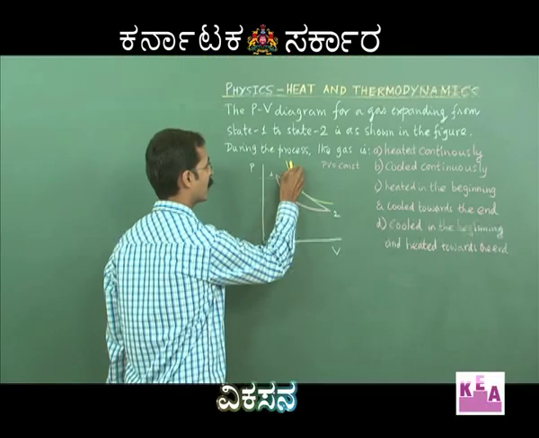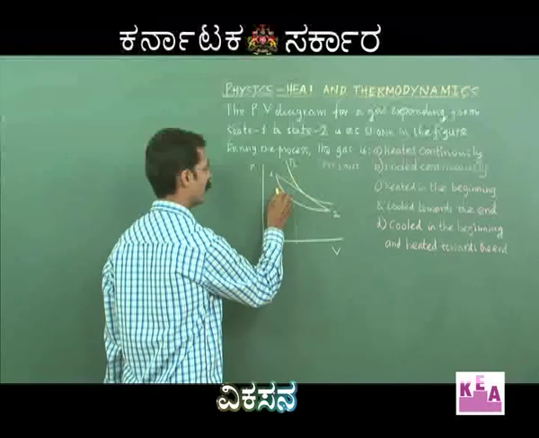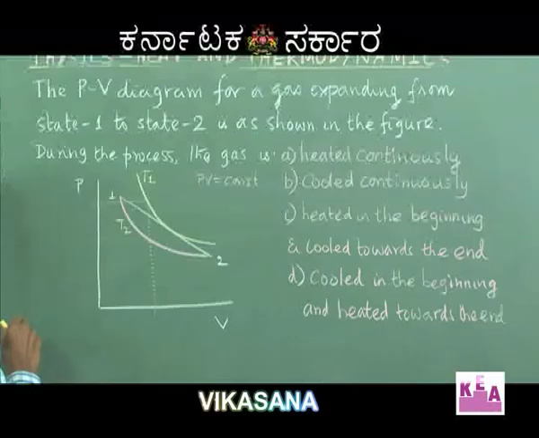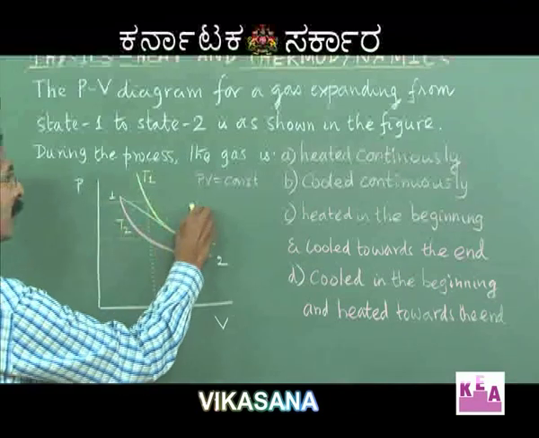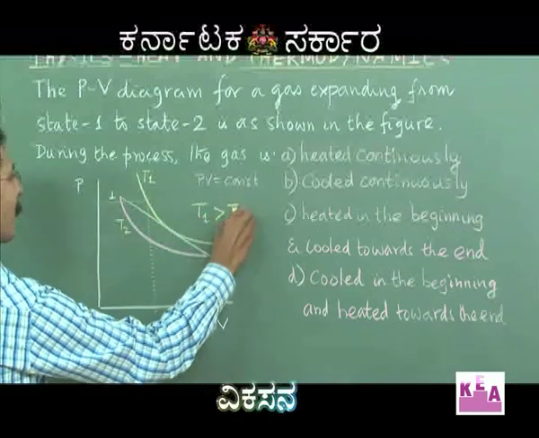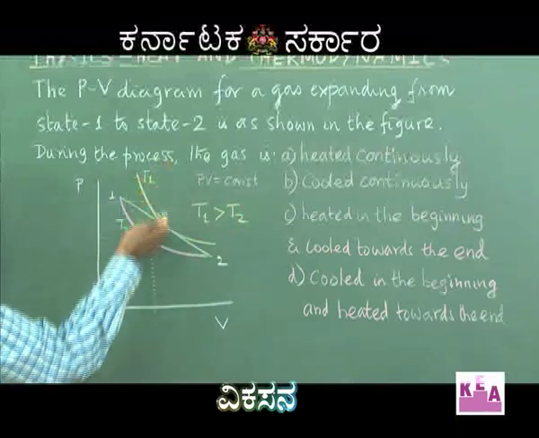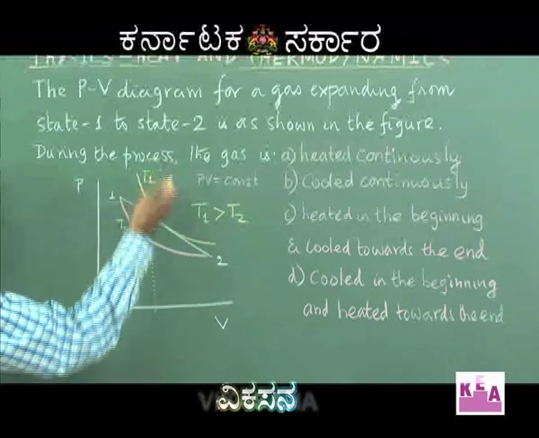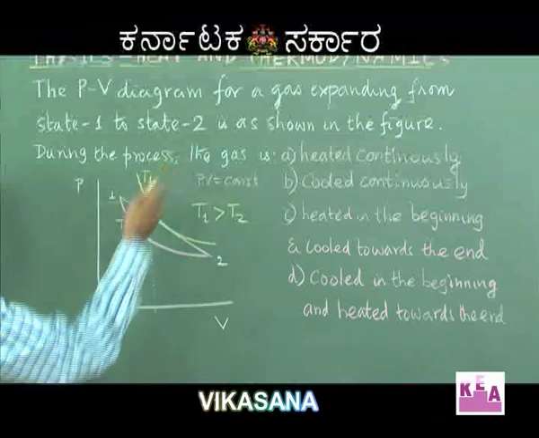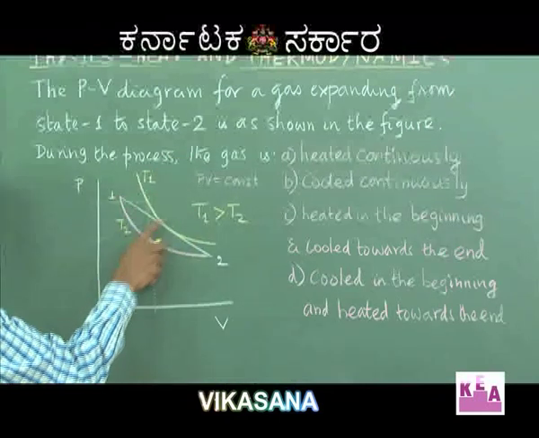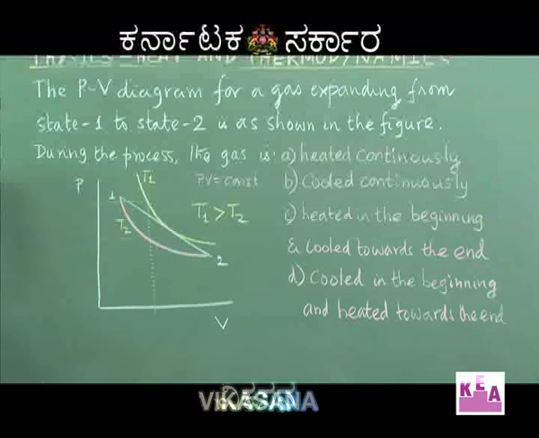Therefore, if this represents temperature T1, this represents temperature T2. By Charles' law, as pressure is directly proportional to temperature, T1 should be greater than T2, because this isotherm is at a higher pressure and this isotherm is at a lower pressure for the same gas. T1 is greater than T2, this represents the higher temperature.